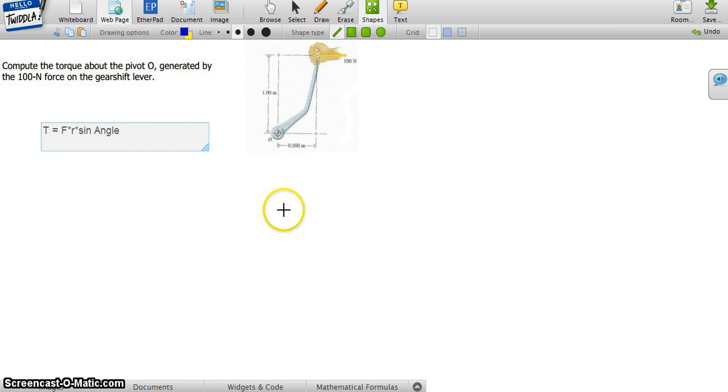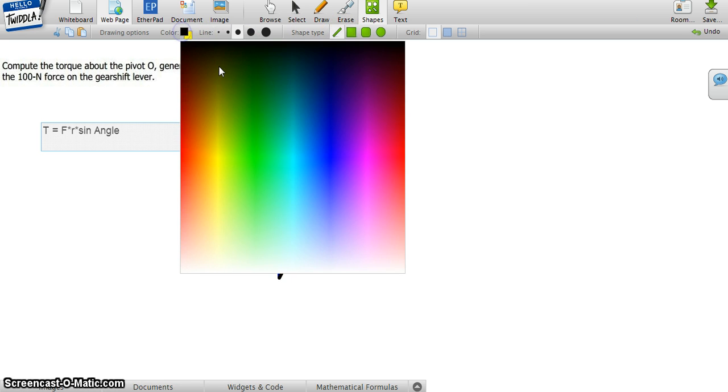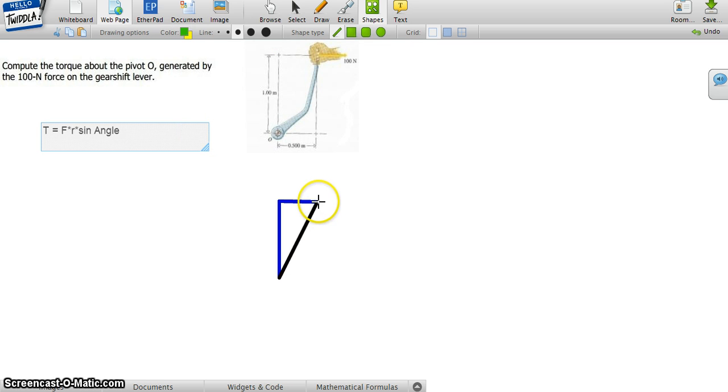I'm going to redraw this kind of a triangle down here. We have a distance of 1 meter here and a distance of half a meter here. And we've got the gear shift here. There's a force in this direction of 100 newtons.